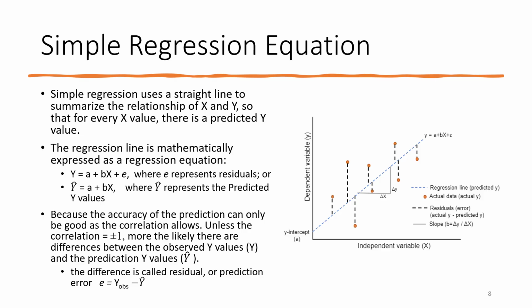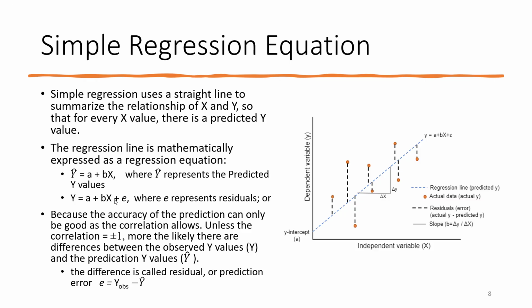A linear equation is needed because simple regression uses a straight line to summarize the relationship of x and y. And the regression line is mathematically expressed as a regression equation, y hat equals a plus bx, where y hat represents the predicted y values. For every x value, there is a predicted y value.